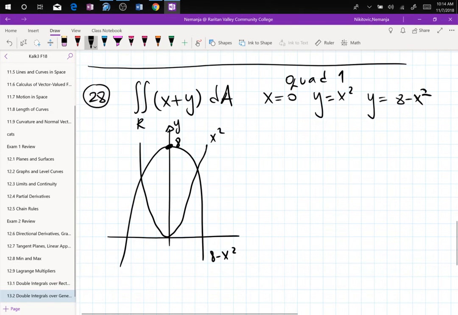And they want only the first quadrant, so I'm going to shade this and put big R inside. Great. What is the first thing we have to decide? The order of integration, right?